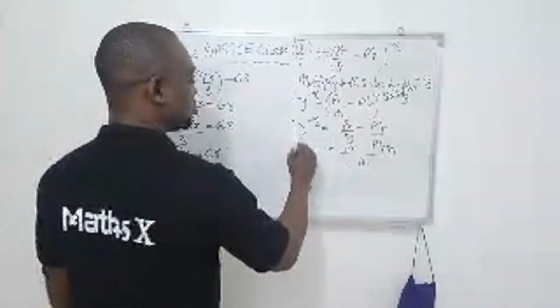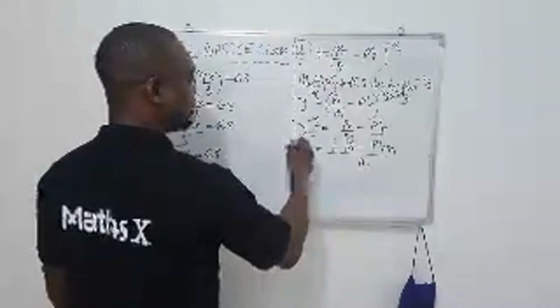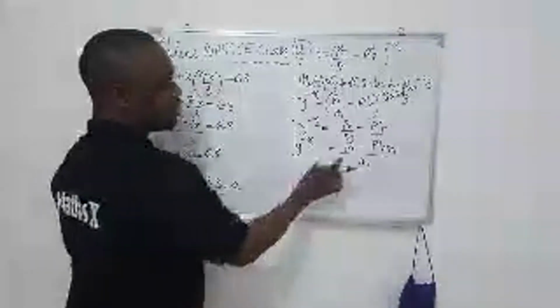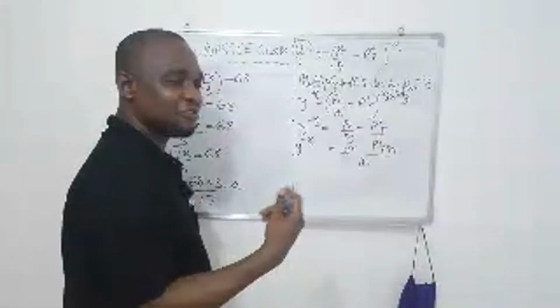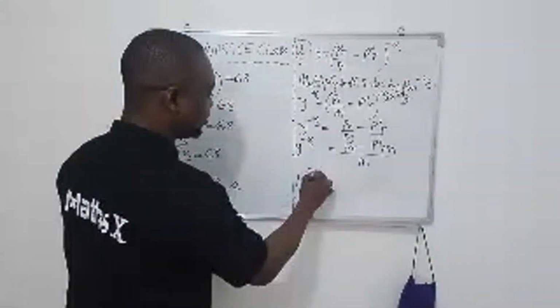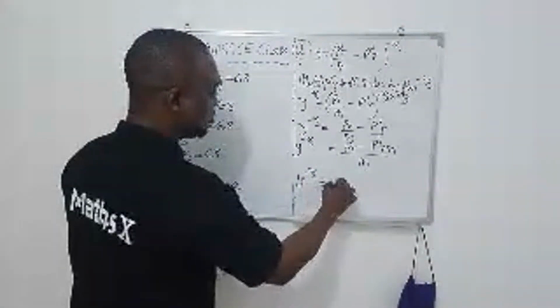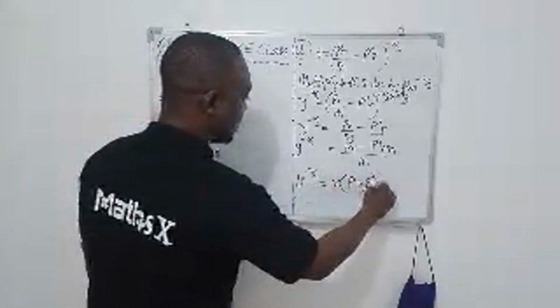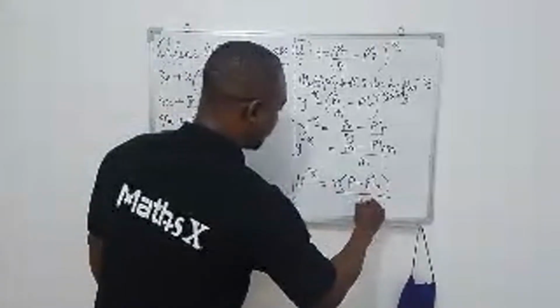This is still equal to y to power minus 2/3. Having gotten this, because we want R as subject, we will factorize out the R so that we have y to power minus 2/3 equals R bracket P minus P square M close all over M.